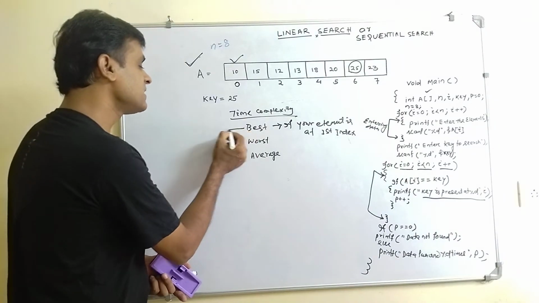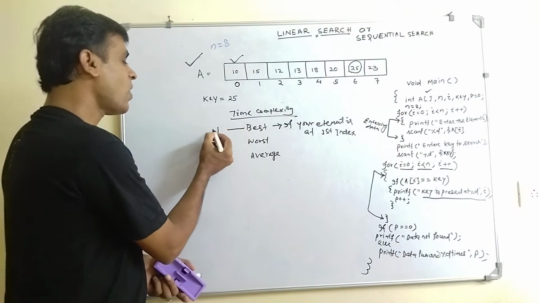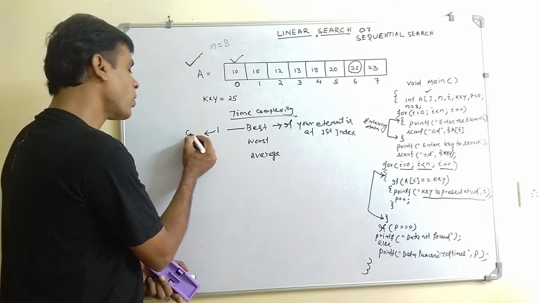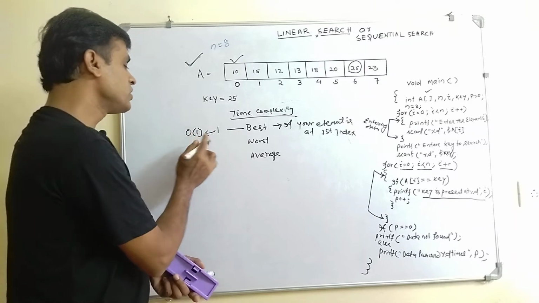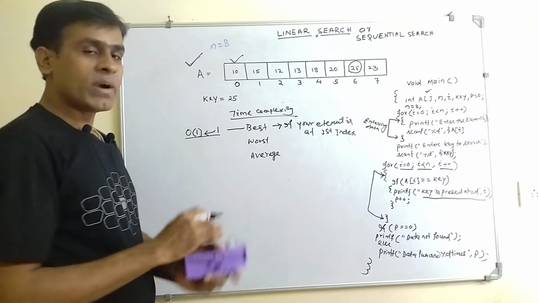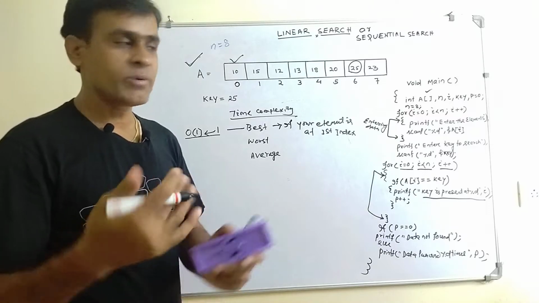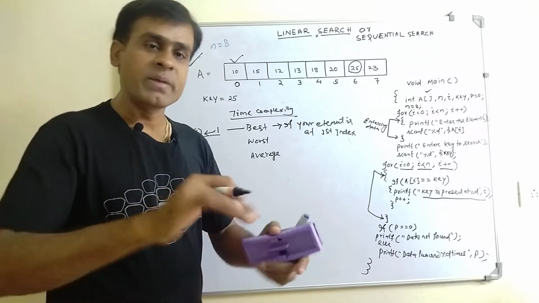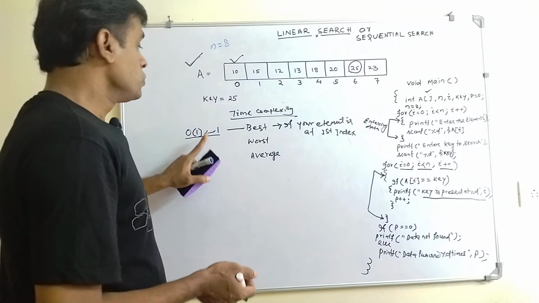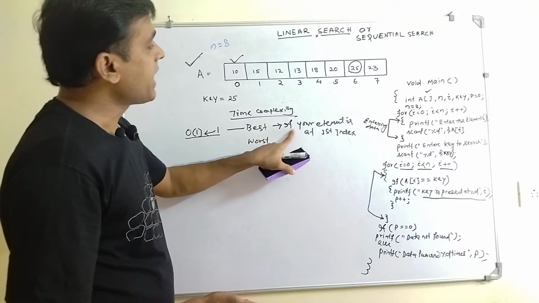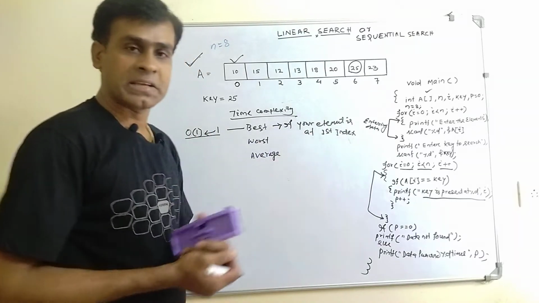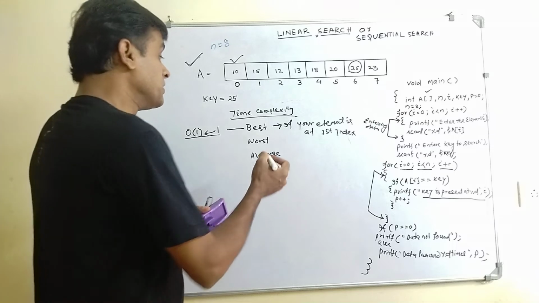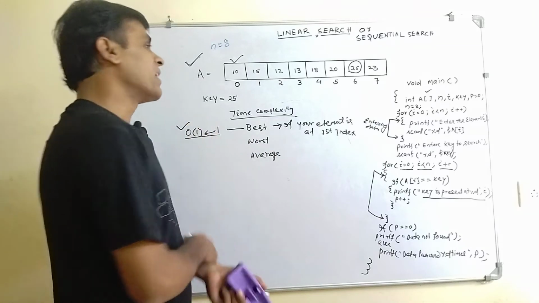So you can say that it will take 1, or you can represent it as order, big O of 1. You can check my previous class for what the order function or growth function is. So in the best case, if your element is at the first index, it takes order of 1 time.